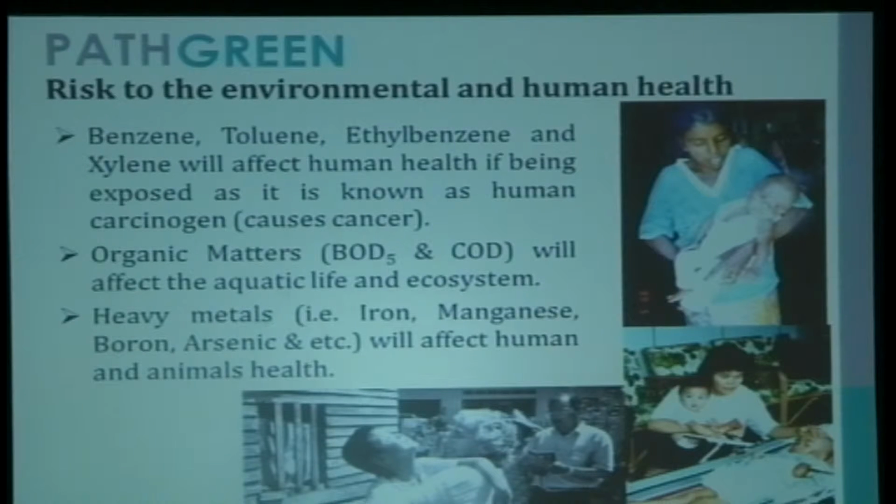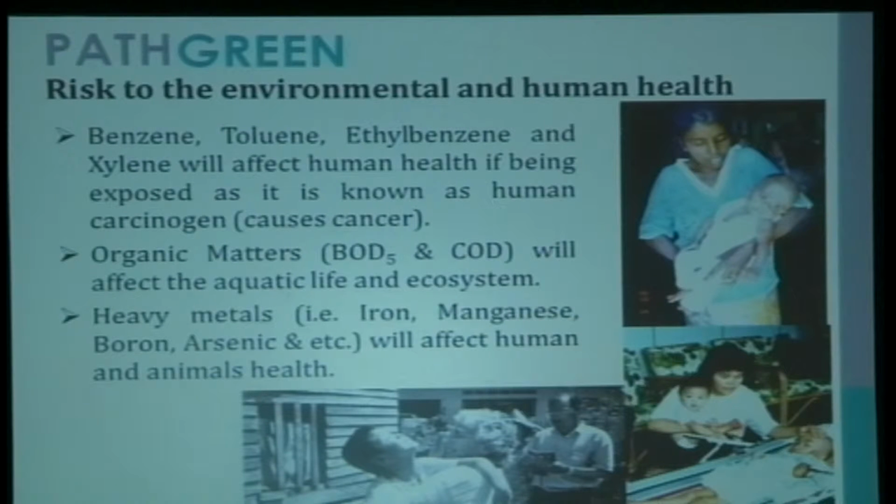They are born not in a good condition because of consumption or inhaling of contaminated gas or groundwater, or water that goes along your daily life. Some of the toxics that we are talking about, like benzene, toluene, and ethylene, you can't see with your naked eyes. You have to go through some tests to know whether it is contaminated or not.